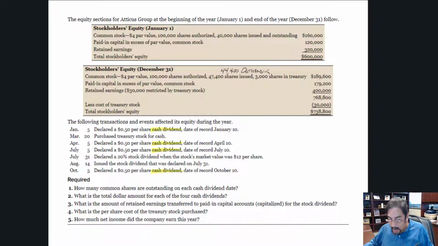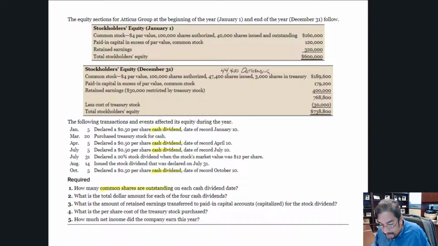And they want to know common shares outstanding. And hopefully we know exactly why they're asking for common shares outstanding. Because cash dividends are paid only on outstanding shares. So it's 50 cents a share times how many shares are outstanding.